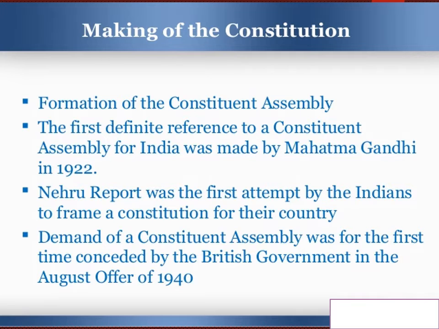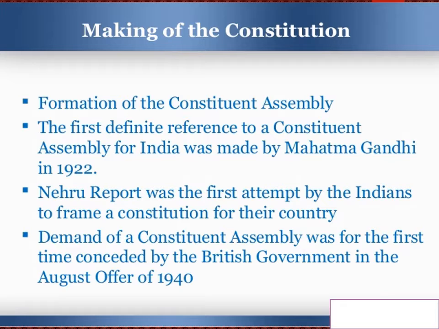The first proposal for the making of a Constituent Assembly was made by Mahatma Gandhi in 1922, and the Nehru Report was the first attempt by Indians to frame a constitution for their country.